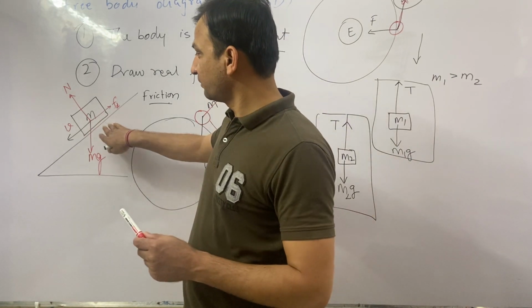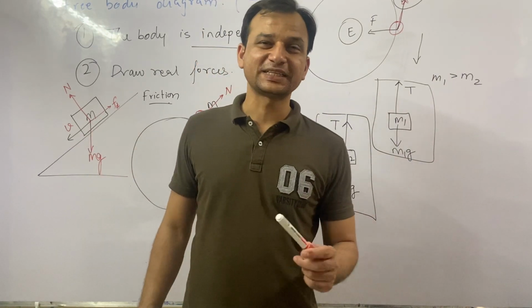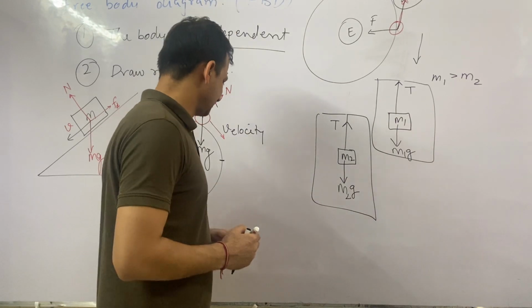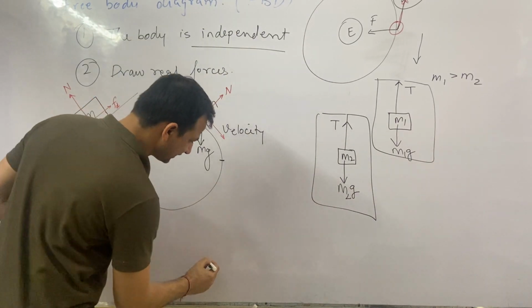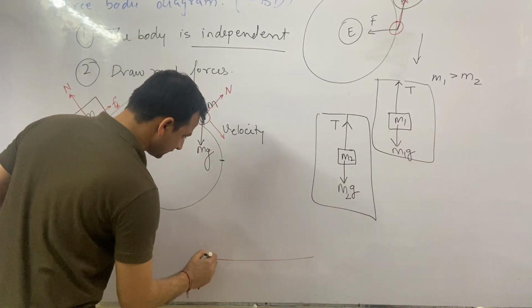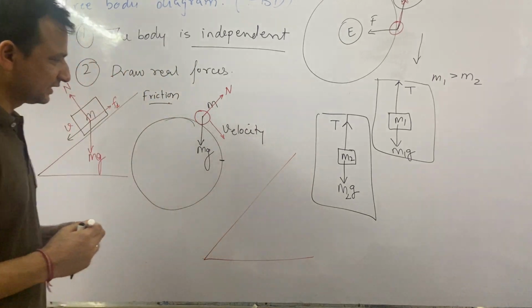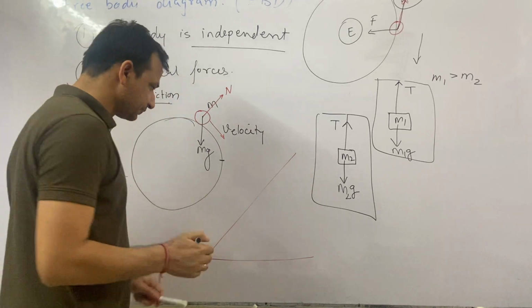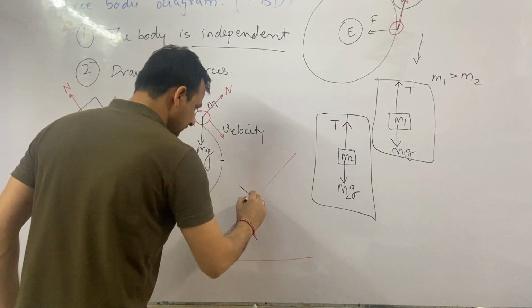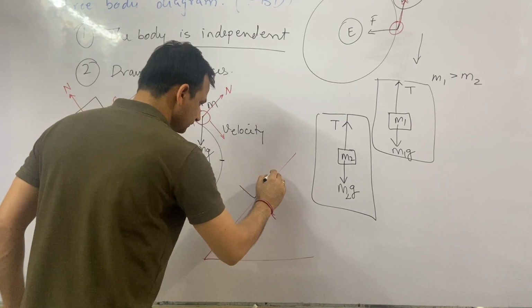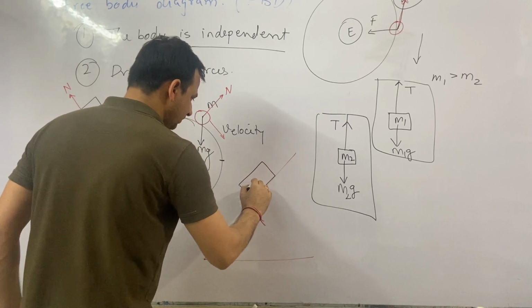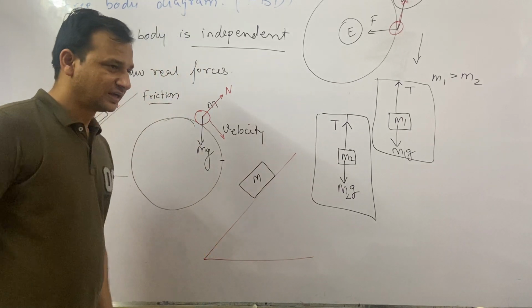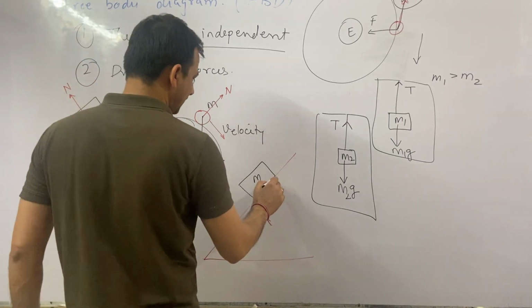Now same diagram, but imagine if the object is at rest. So this is the slope, here is the mass, and this mass is at rest.